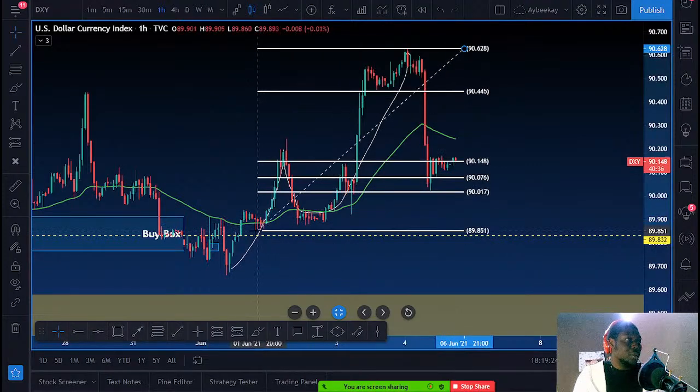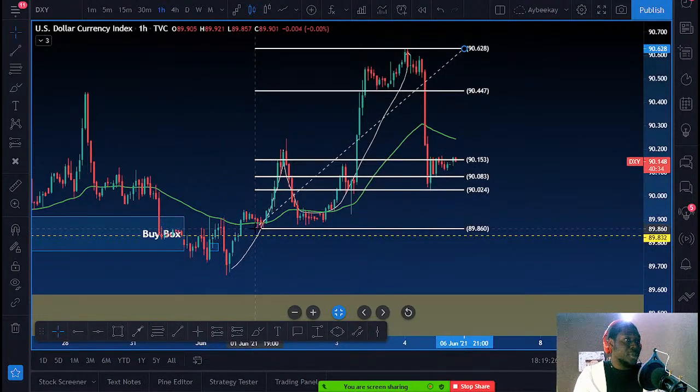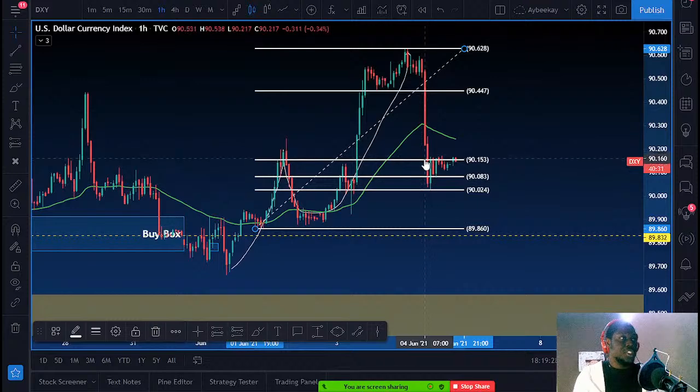Most people probably place their fibs like this, and this would be like, okay, this is an area where price is definitely looking to go bullish, which I'm not against. I'm really not against this idea that price will go bullish from this area.